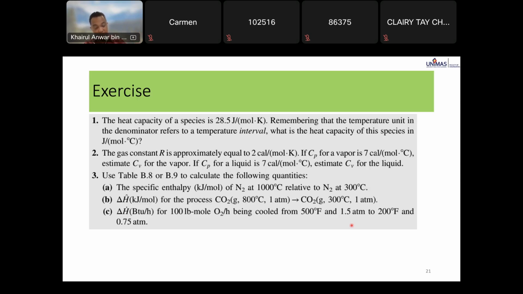So for the liquid it is easy, because for liquid Cp is equal to Cv. So 7 calorie per mole degree C for Cp of liquid is equal to Cv for the liquid. But for the ideal gas case, you need to use equation 8.3-11b, Cp equal to Cv plus R. So Cv for vapor is 7 minus 2, 5.